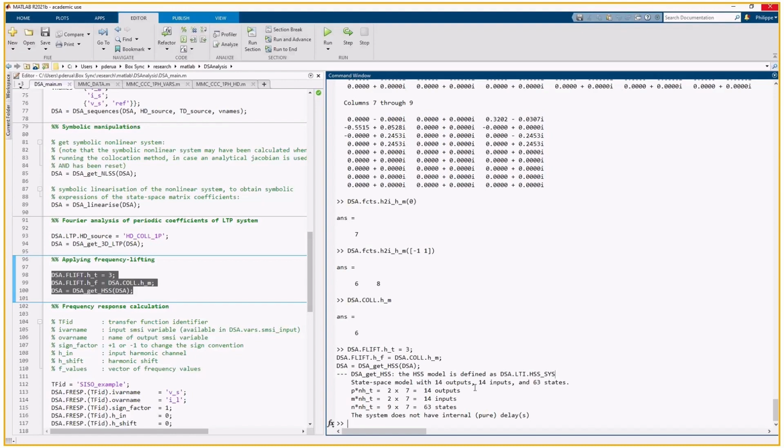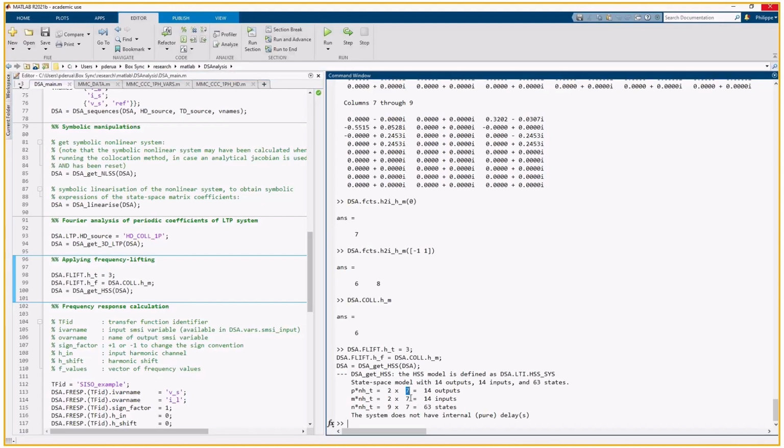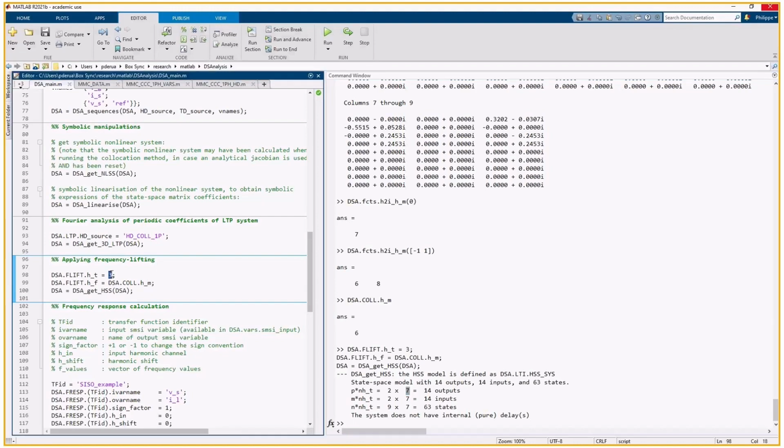So why 14 outputs, 14 inputs, and 63 states? Well, because we have 2 inputs with 7 Fourier coefficients. Why 7 Fourier coefficients? Well, because we truncate at maximum harmonic rank 3. So we have 3 for the negative frequencies, 3 for the positive frequencies, and 1 for the constant Fourier coefficient.